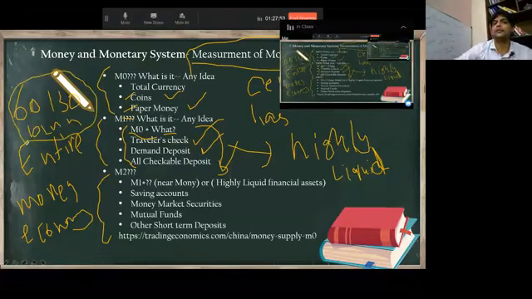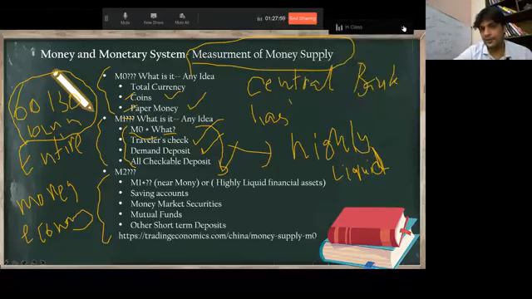How do I know this? I will tell you later. But that's how it is. It's the latest estimate of August 2020. Note that M0 is the most liquid form, that is cash, and then M1 is the most liquid form after M0 is included. So then we have M2.